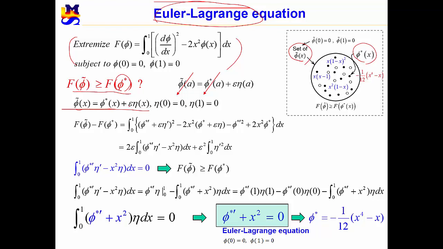Then we assume epsilon is an arbitrary constant and eta of x is an arbitrary function. Of course, the phi tilde should meet the essential boundary conditions. So eta of 0 and eta of 1 should be 0. It is because the same values exist on both sides at any point x equals a where essential boundary condition is imposed, as can be seen in this equation.